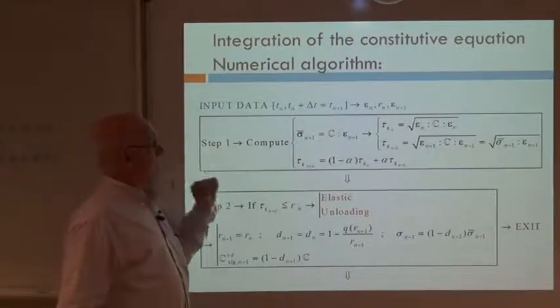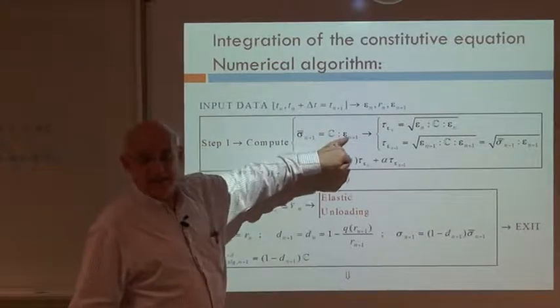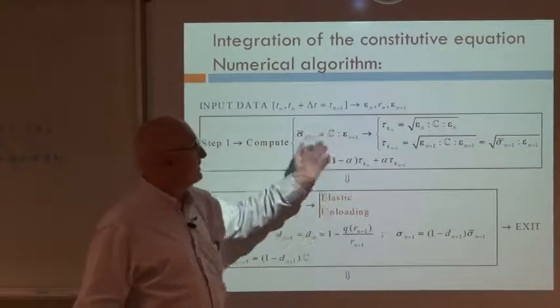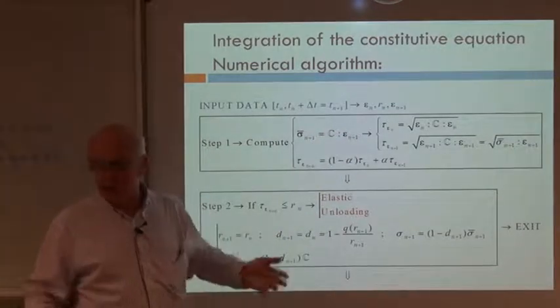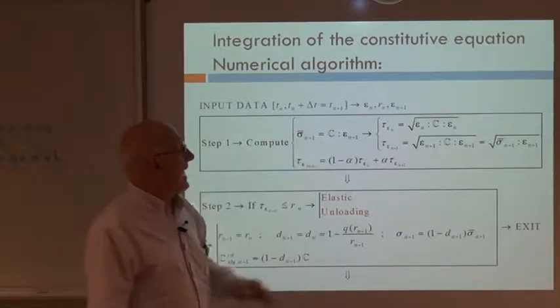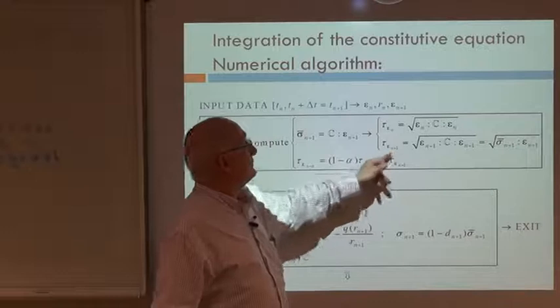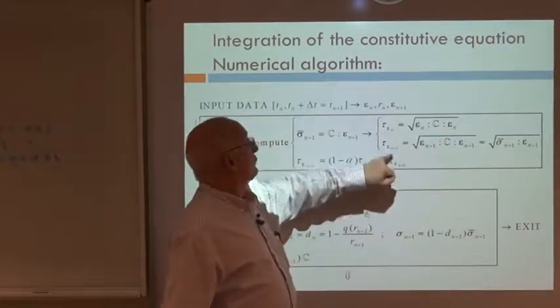First step, let's compute the effective stresses, which are the elastic stresses, the stresses that would be returned by an elastic algorithm using the standard elastic model, C times epsilon. In terms of that, I can compute the norm of the strains, expressed through the effective stresses times the strains, also at time n plus 1.